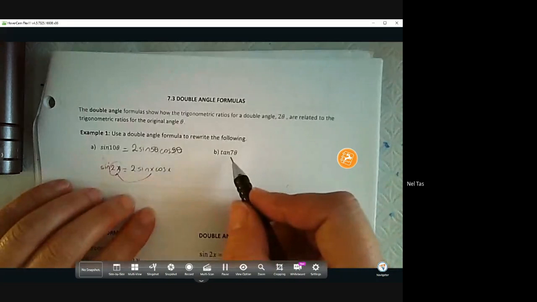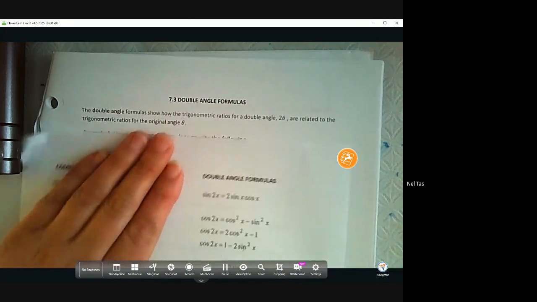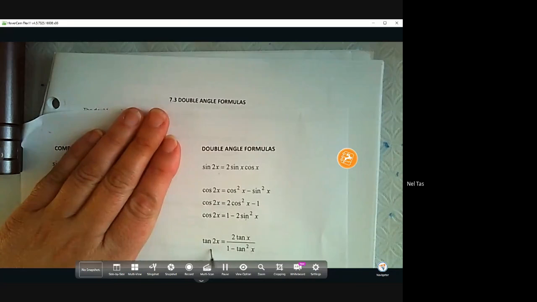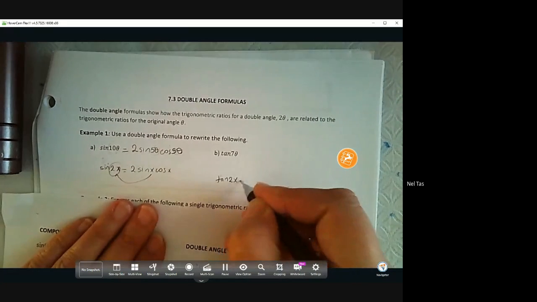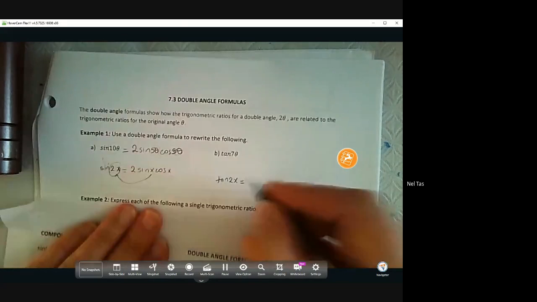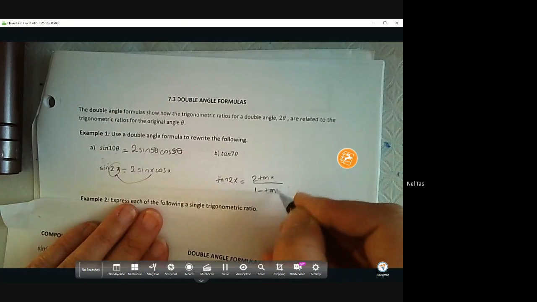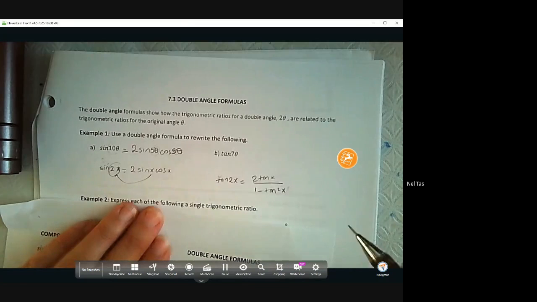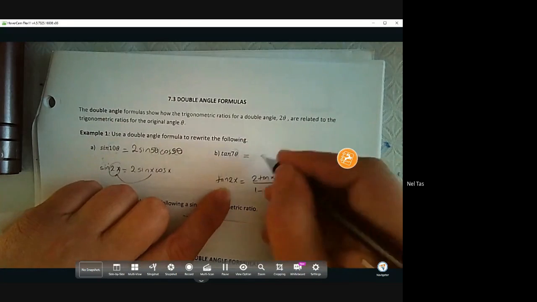B, we have tangent 7 theta. We are going to use the double angle formula again. If this was tan 2x, then we would have 2 tan x over 1 minus tan square x. But we don't have 2x, instead we have 7 theta here.